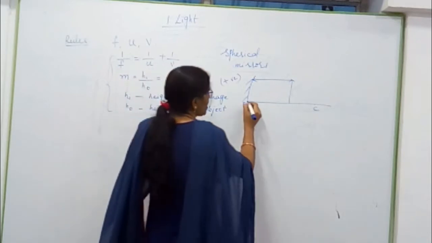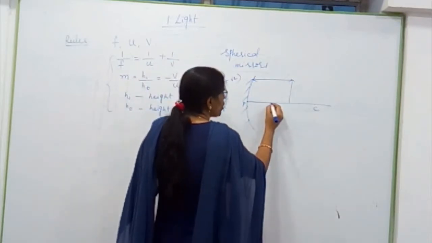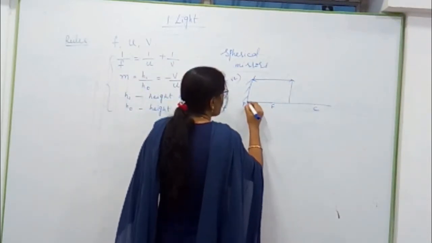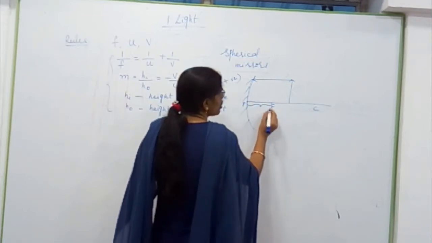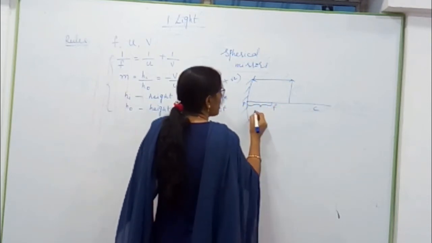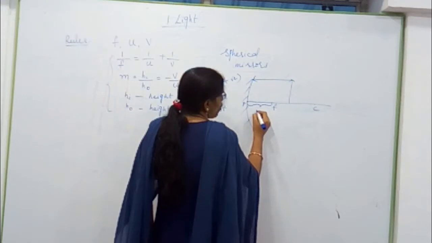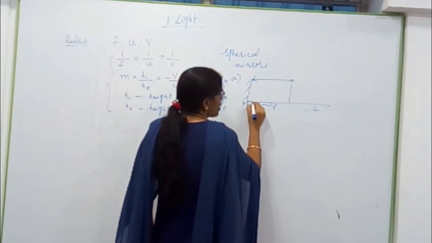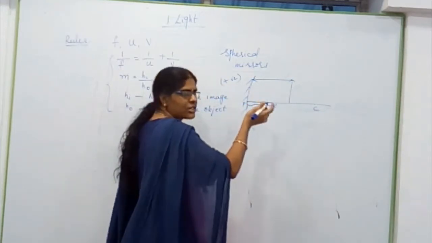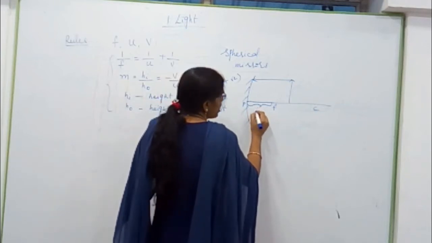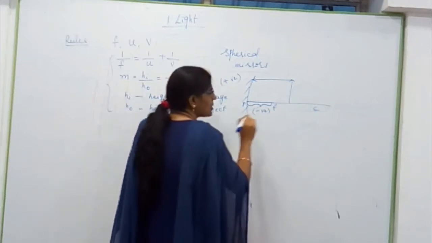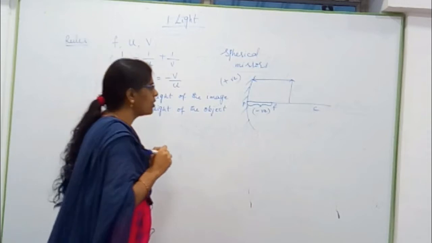In the opposite direction, the distance from pole to focus, we call it the focal length. Focal length is measured in the opposite direction of the incident ray, hence it must be taken as negative.